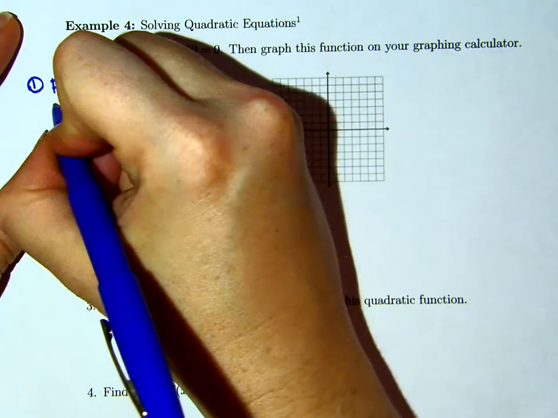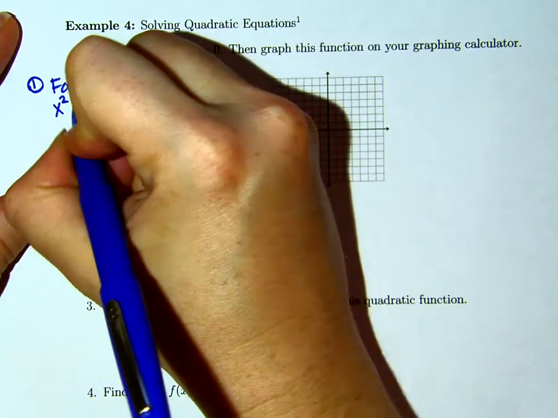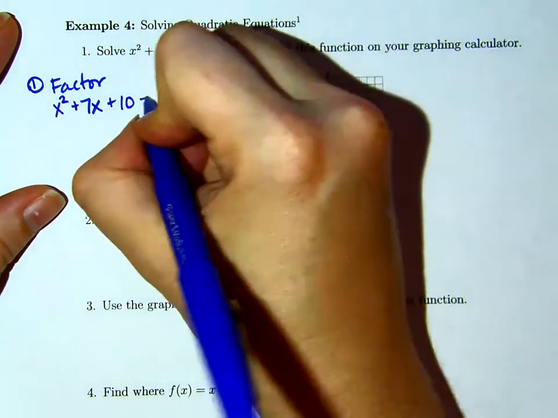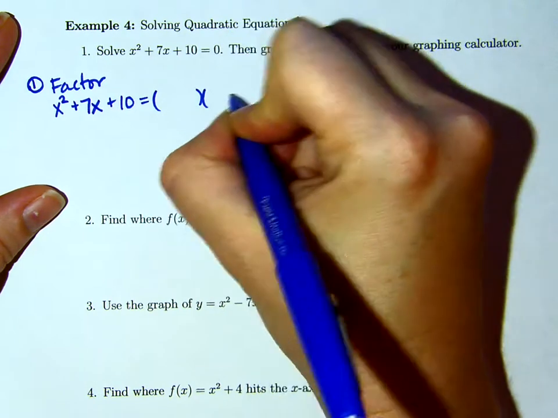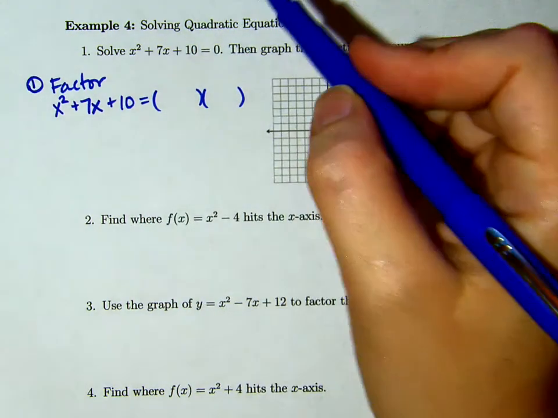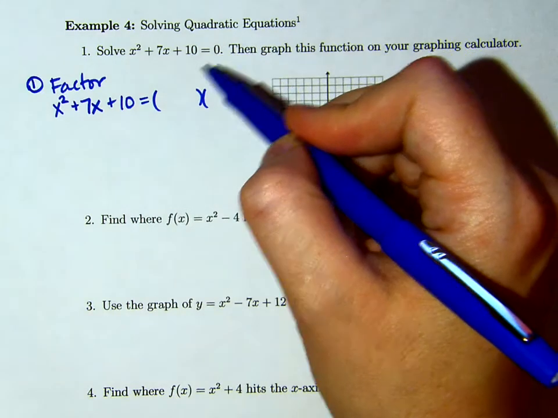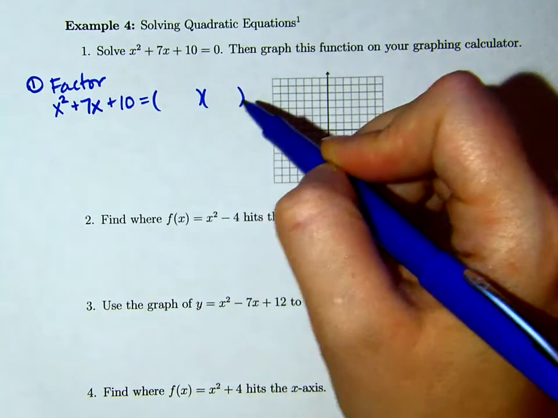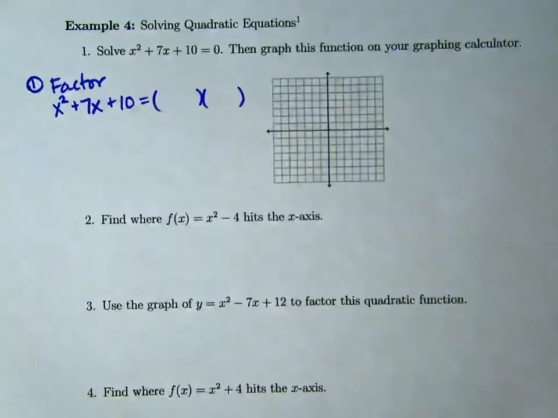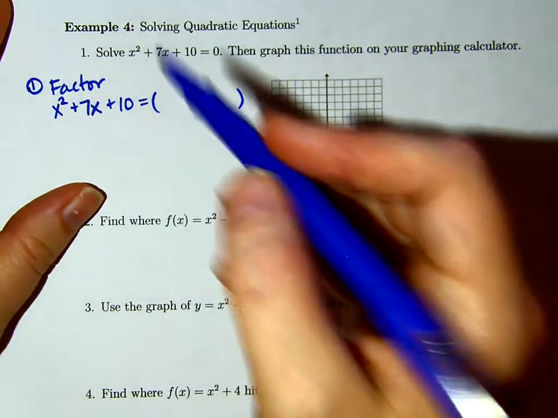And that means our job is to say x squared plus 7x plus 10 is equal to this times that. Because remember, this is set equal to 0. So that means if we factor it, we can make sure each one of these, either that or the other, is 0.